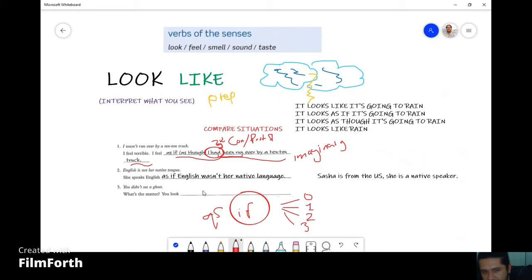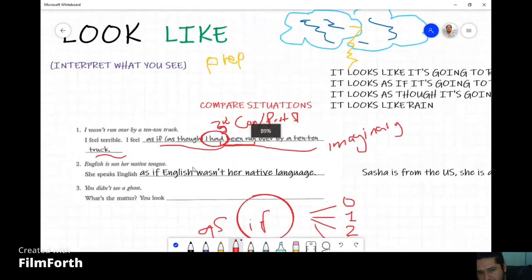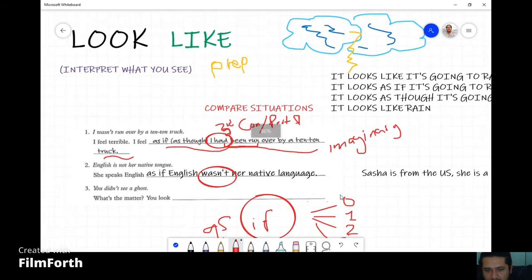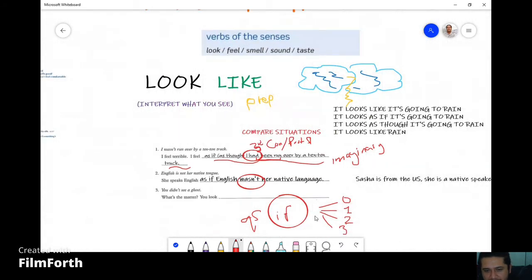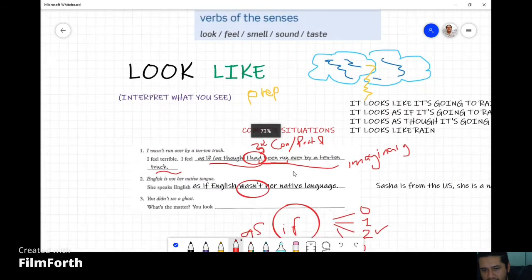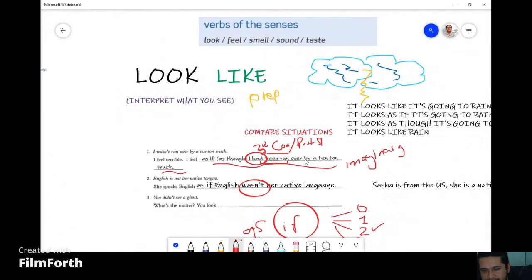In this comparison that I made, I used the simple past, so the second conditional is the one that I picked for this situation. In sentence number 1, the conditional that I used was the third conditional.